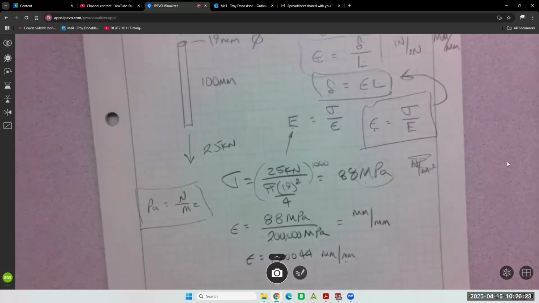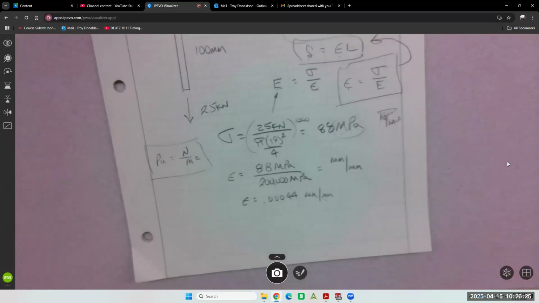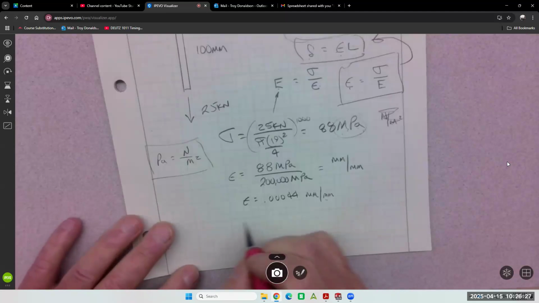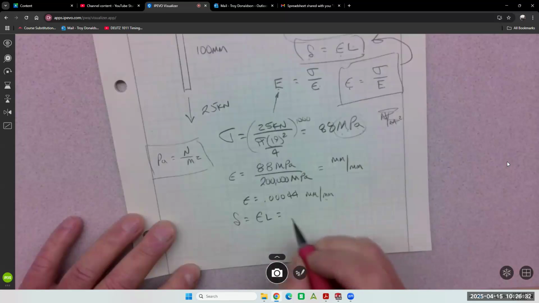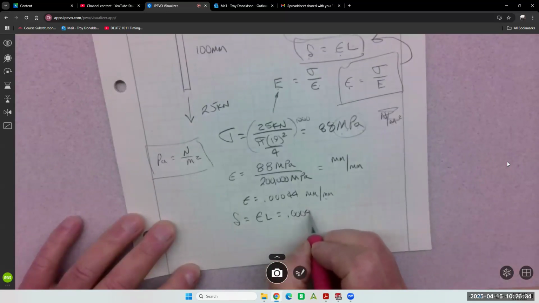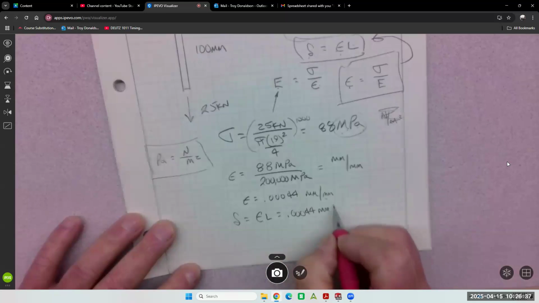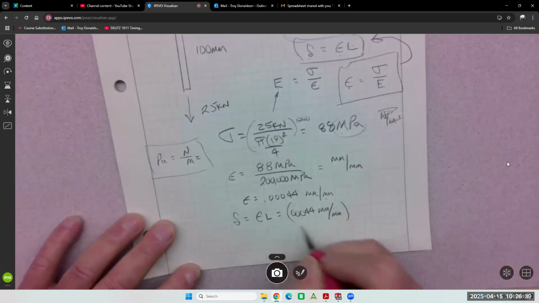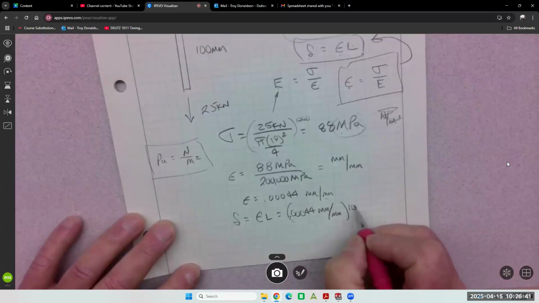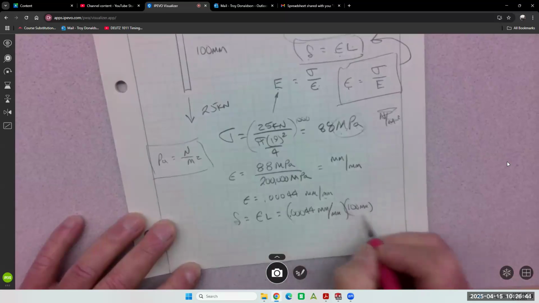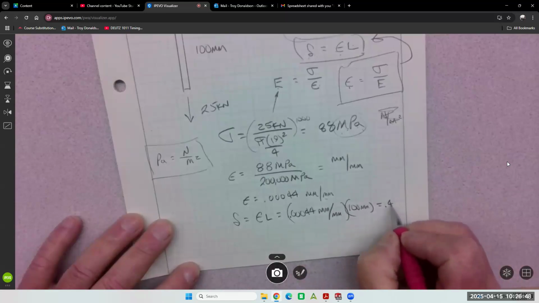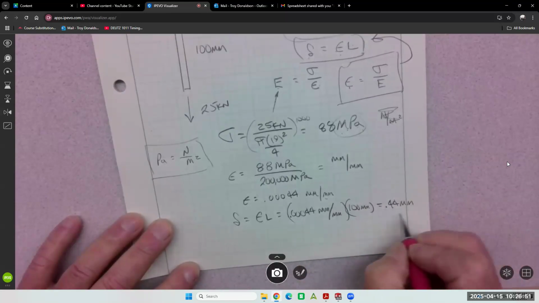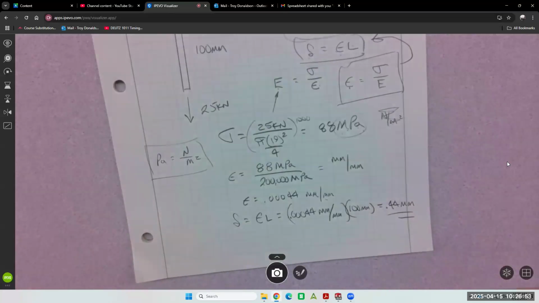That's the total deformation. You take your strain and you multiply it by the original length. We'll be left with millimeters.